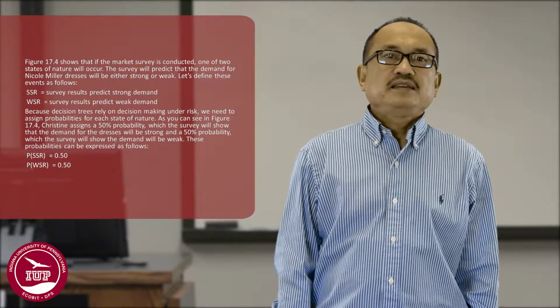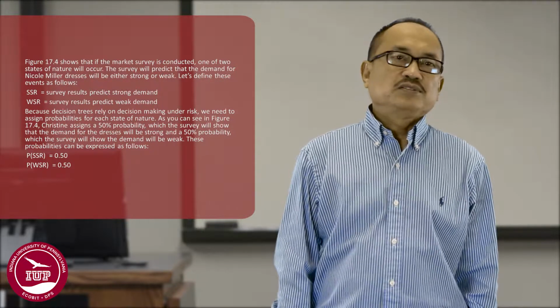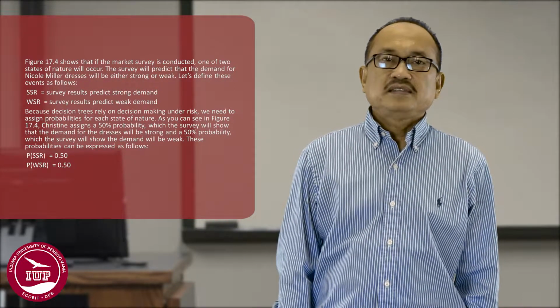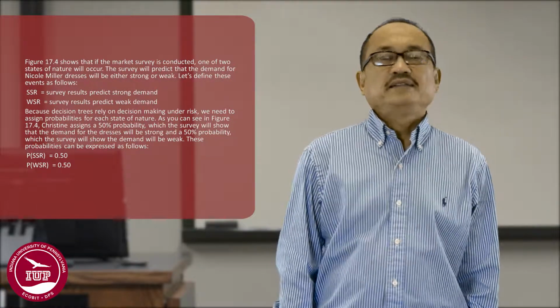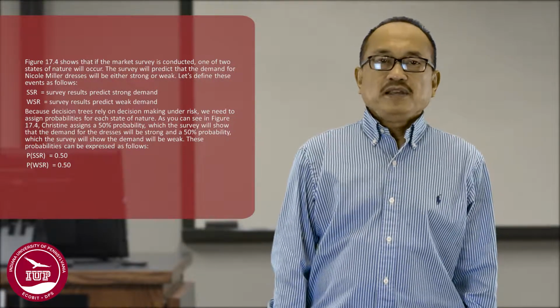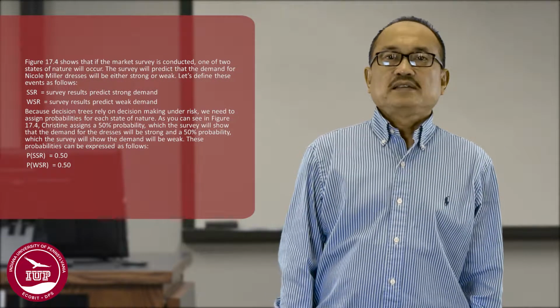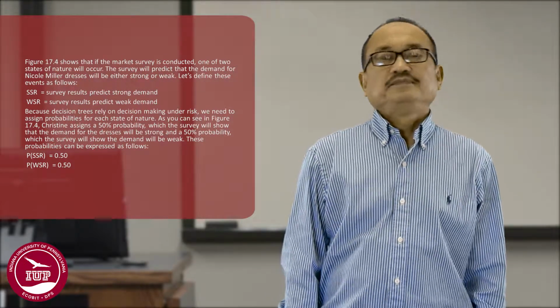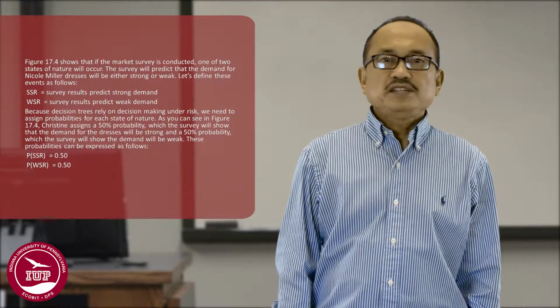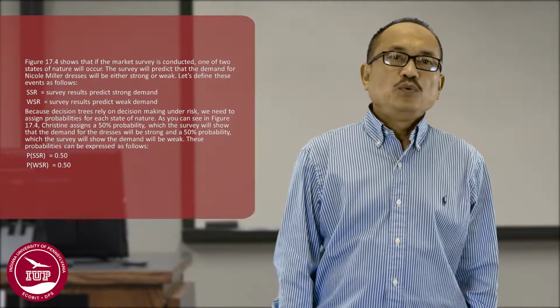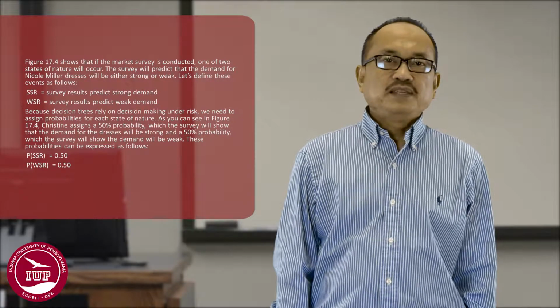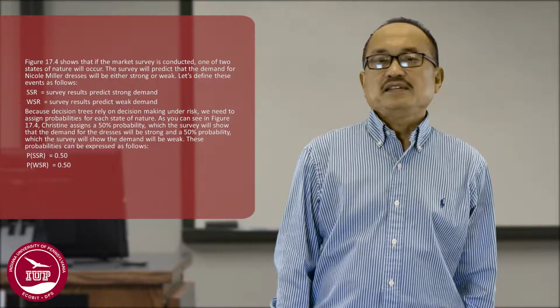Let's define these events as follows. SSR is the survey result predicts strong demand. WSR is the survey result predicts weak demand. Because decision trees rely on decision making under risk, we need to assign probabilities for each state of nature.